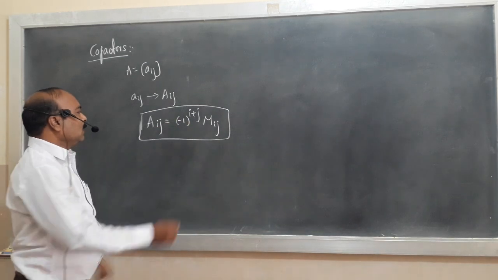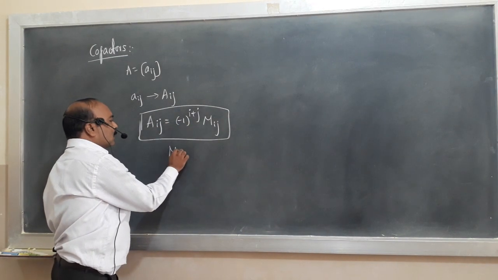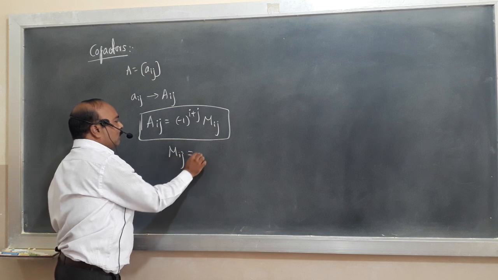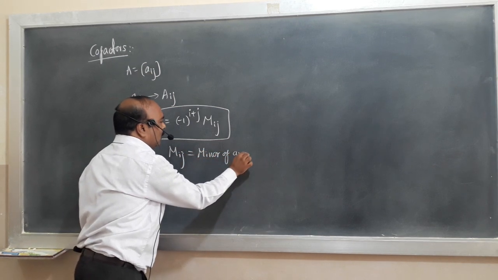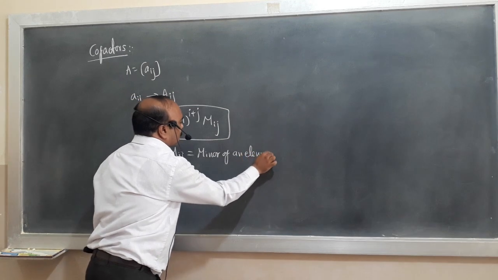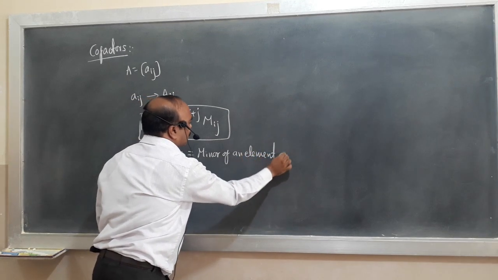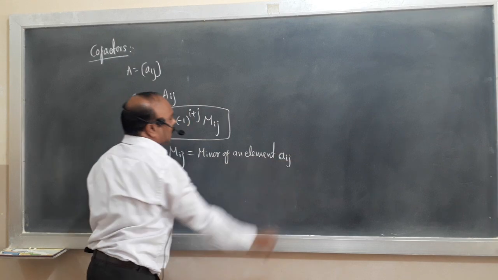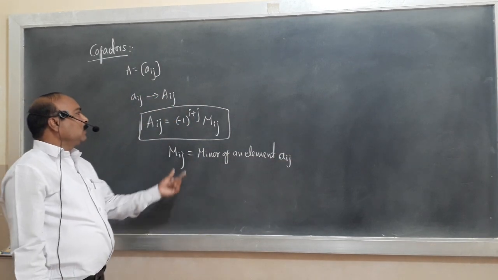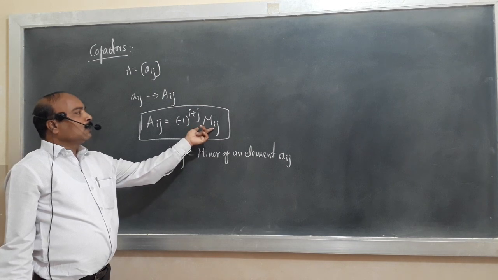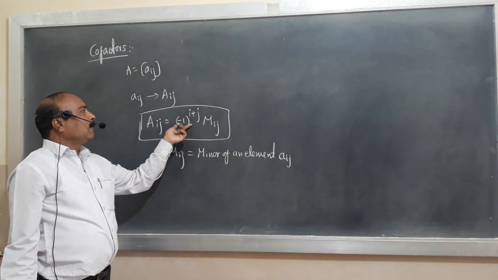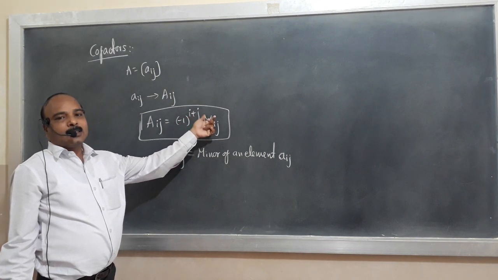So here Mij is nothing but, as we discussed already, the minor of the element Aij. The only new thing is that this minor is multiplied by minus 1 power i plus j.